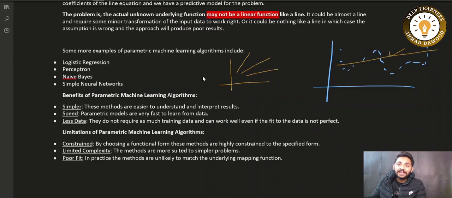The reason is that it cannot capture the pattern of a non-linear relation. It also limits the power of your model. If your assumption is right, you will get a good model, but if your assumption becomes wrong, then you are going to underfit the model.